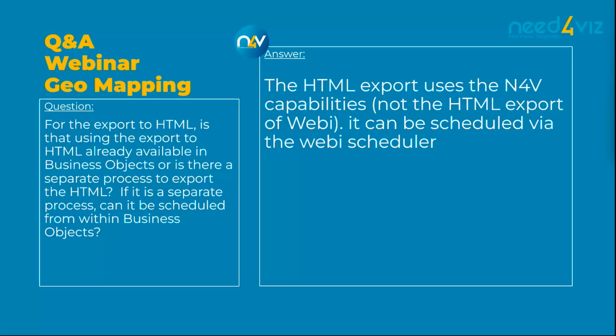It is nearly as simple as what we showed you today. You right-click on the component and you set up some parameters for the HTML, and then when the data needs to be updated, you can schedule the Web Intelligence document, and that'll automatically update the HTML components.